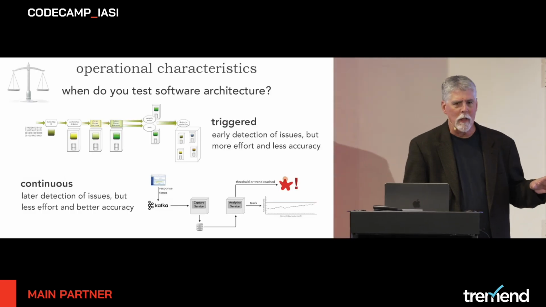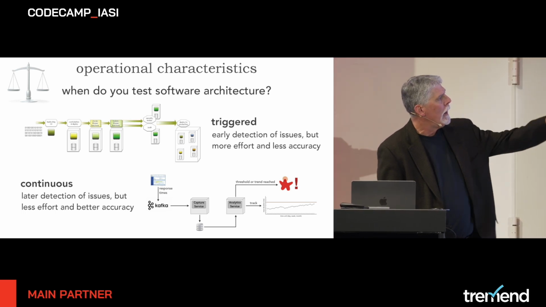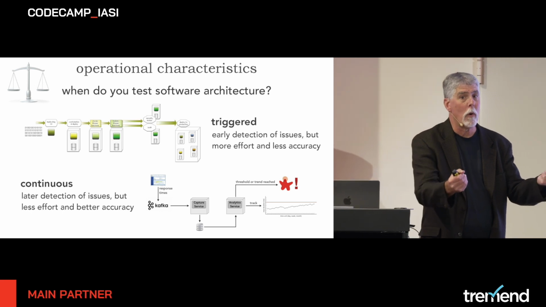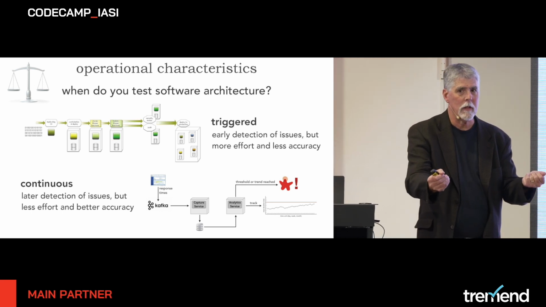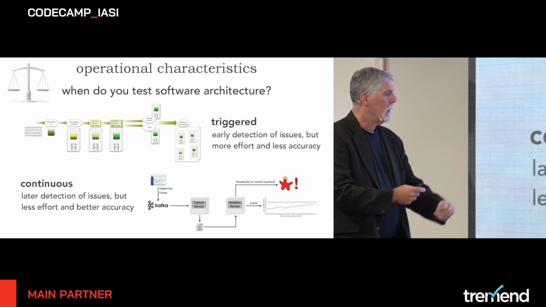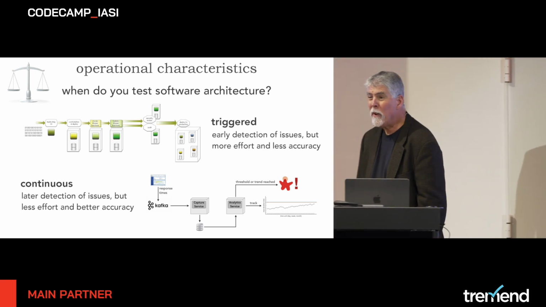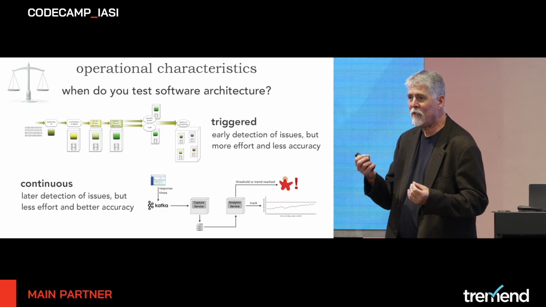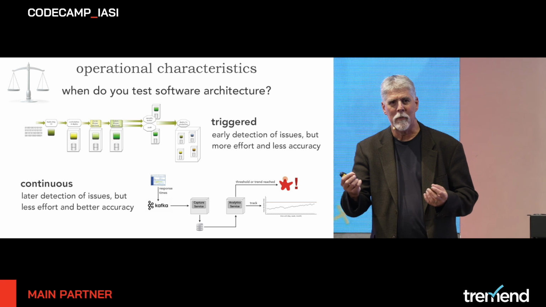And the trade-off really becomes as follows. Here, we get early detection, but it's a lot more effort, and it's not as accurate. Continuous: later detection, but it's pretty cheap. We don't have to maintain anything, and it's a lot more accurate.